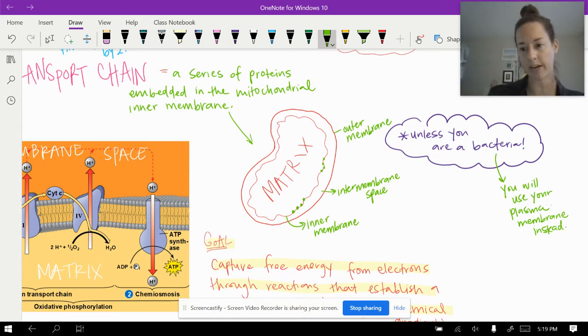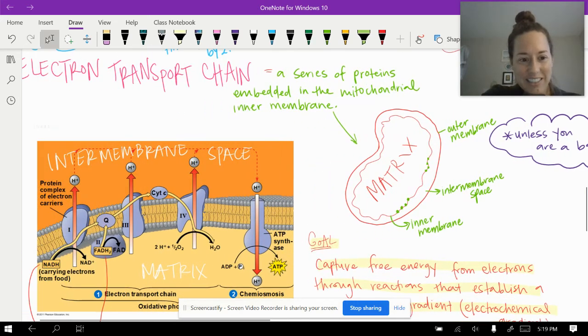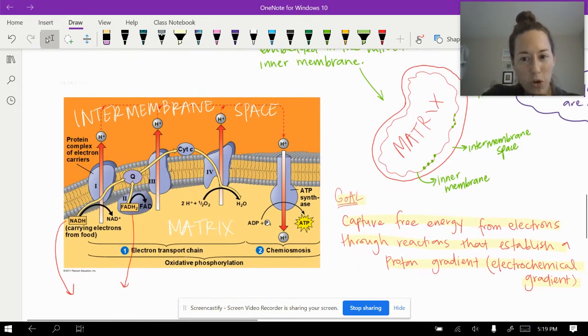So the actual membrane of the cell could be used for this in a prokaryote. But now we're going to go back to eukaryotes, because that's what we are. That's what we care about right now. Okay, so let's look at this picture and look at the goal.